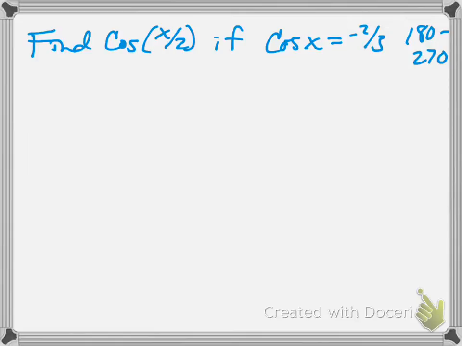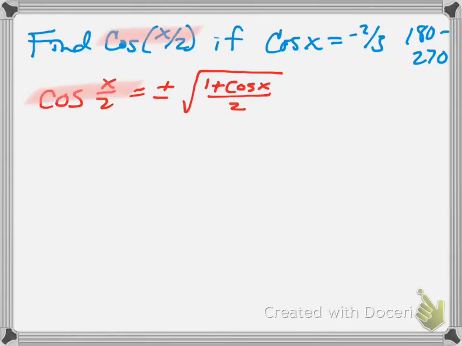So the formula for cosine x over 2 is plus or minus the square root of 1 plus cosine x over 2 on your reference sheet. The cosine of x is given to be negative 2/3.